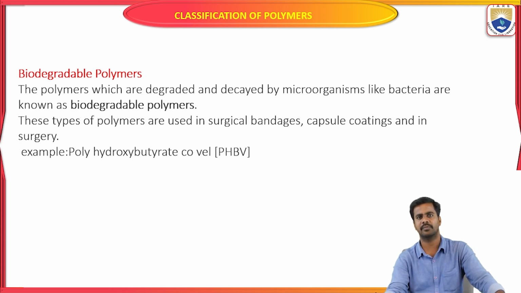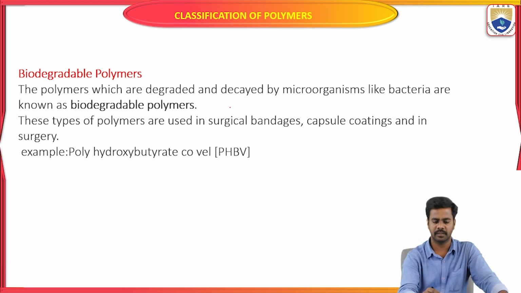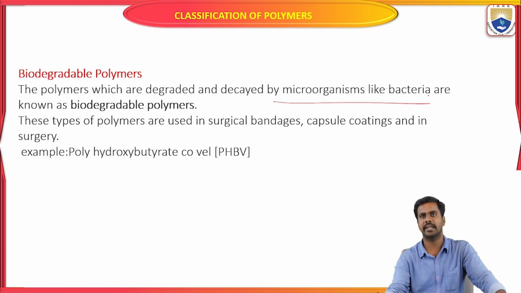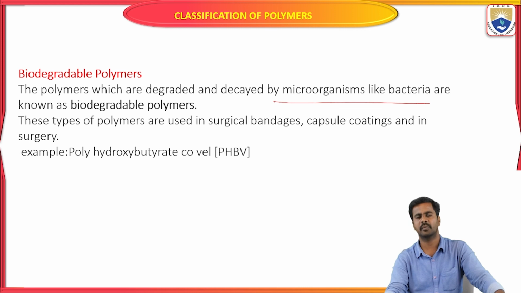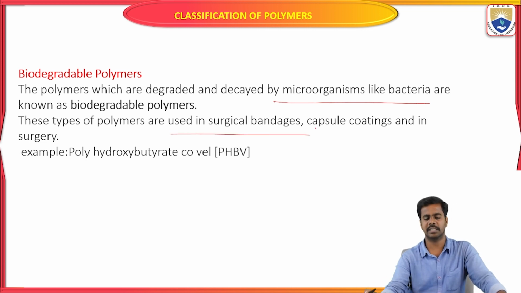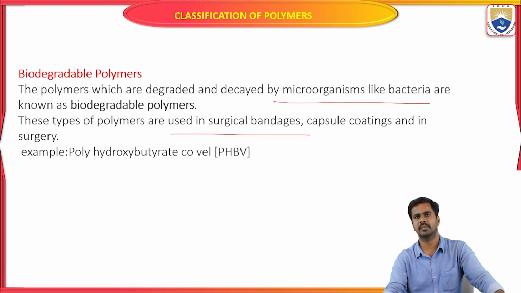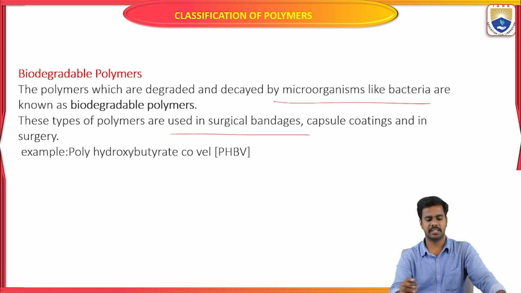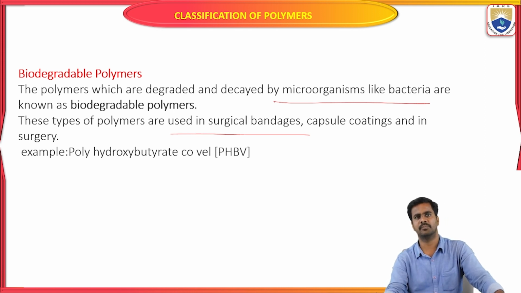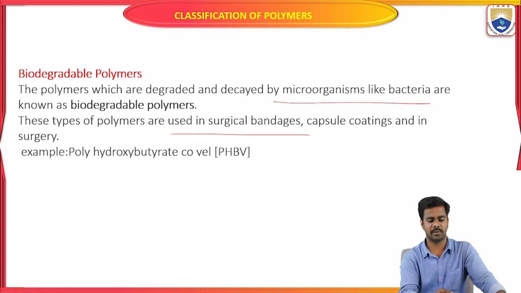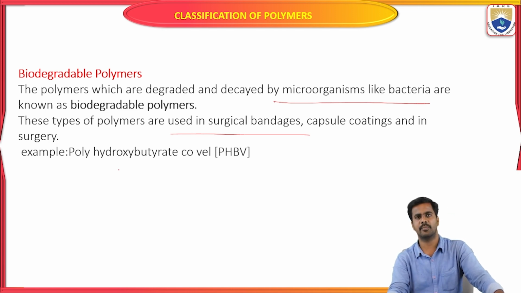Those polymers which are degraded by microorganisms like bacteria are known as biodegradable polymers. These polymers are used in surgical bandages, capsule coatings, and in surgery. A well-known example is polyhydroxybutyrate-co-valerate.